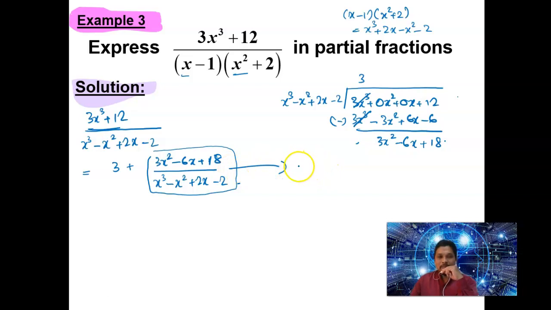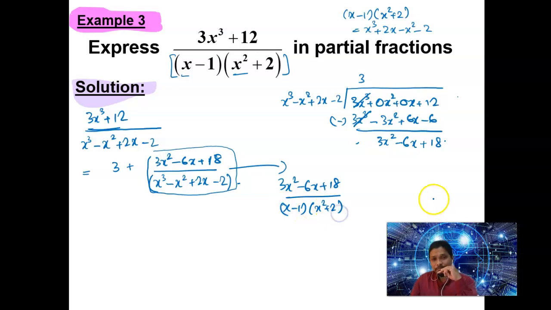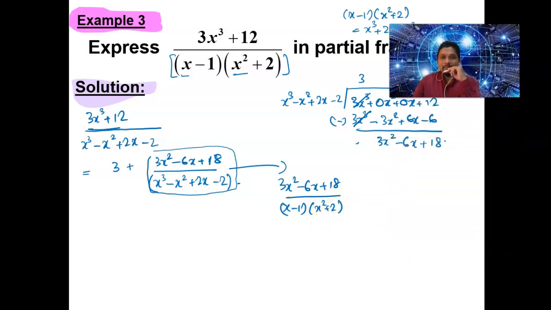So expressed in partial fraction here, 3x squared minus 6x plus 18, and this denominator actually comes from this. So it is now x minus 1 and x squared plus 2. Okay, x squared plus 2 is a quadratic that cannot be factorized anymore, so it's standing on its own here.